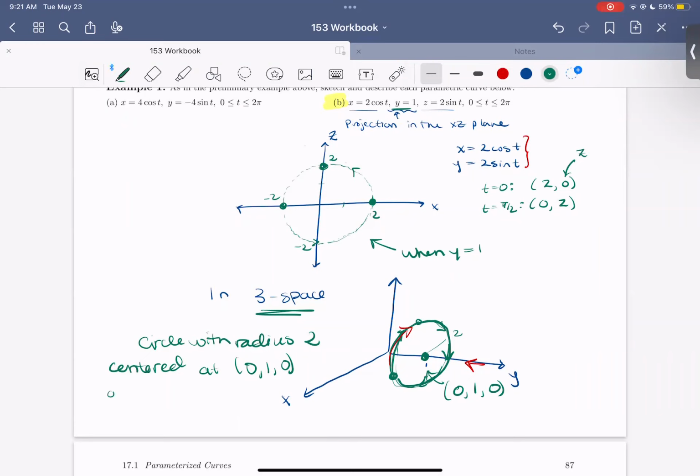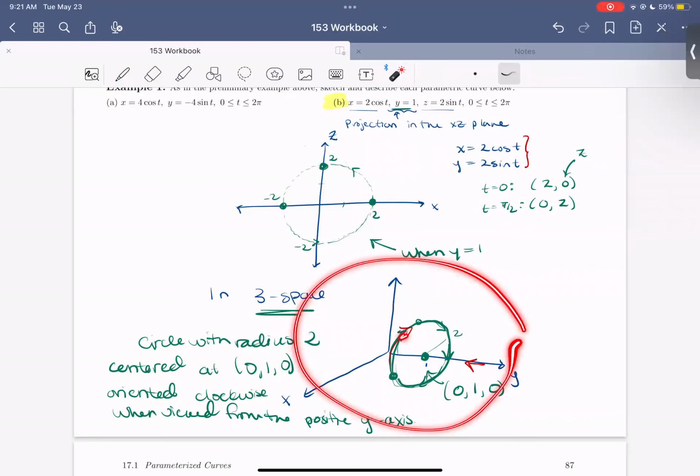So we can say it's oriented clockwise when viewed from the positive y-axis. So now we've not only drawn our curve with its orientation, but we've described it in words as well.